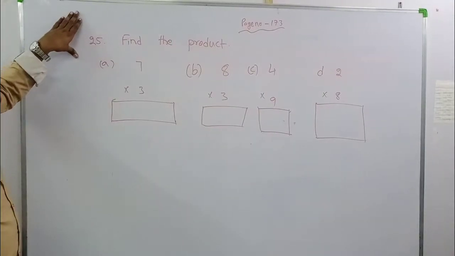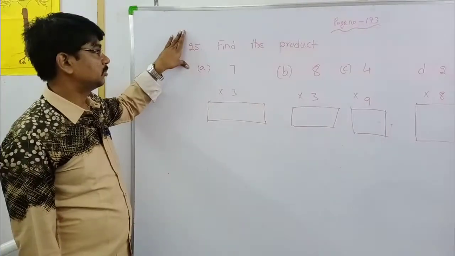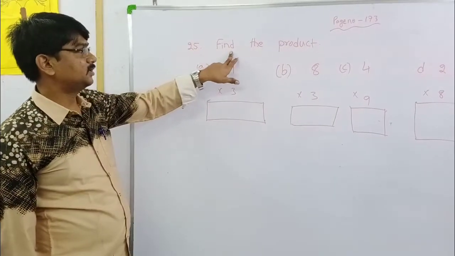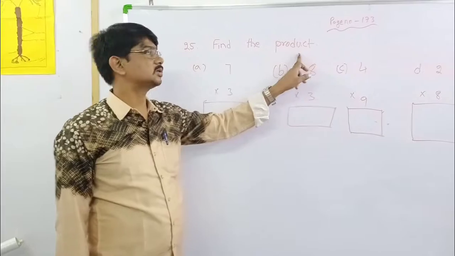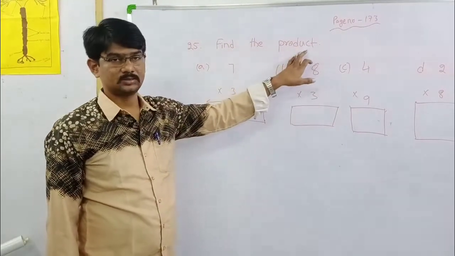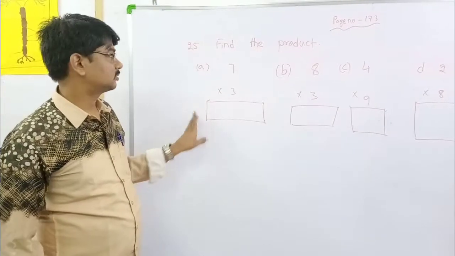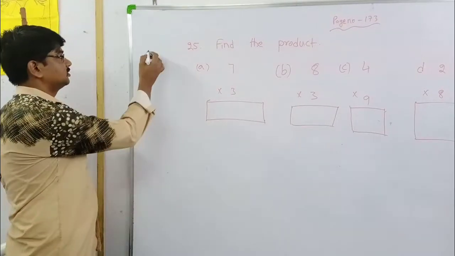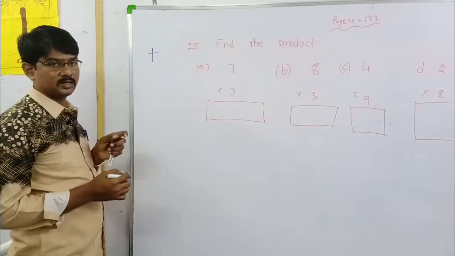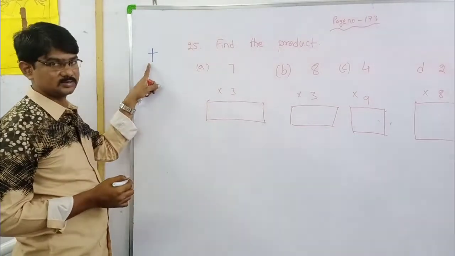Next, question number 25. Find the product. What is the question? Find the product. In other words, we can say multiplication. Okay. This symbol is for addition, or to find the sum.